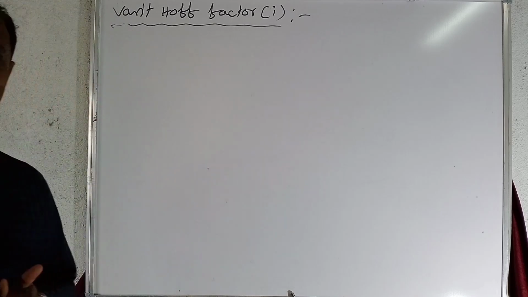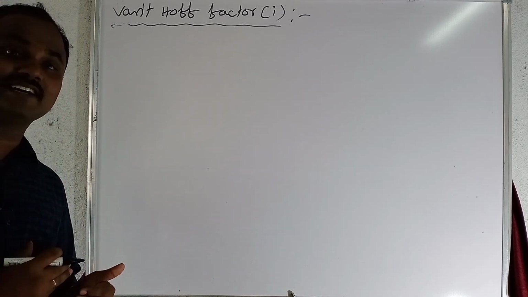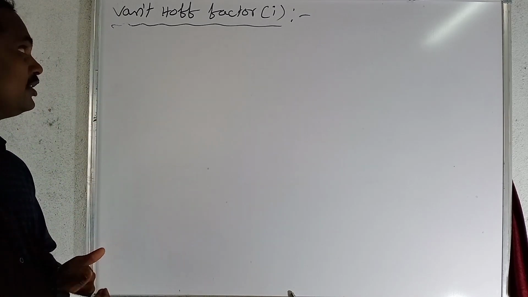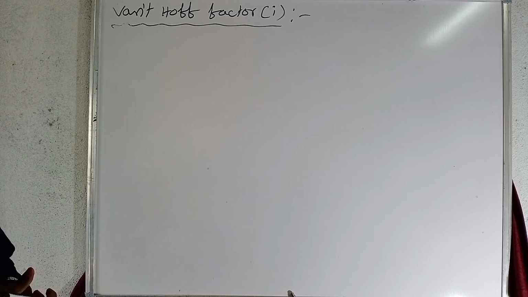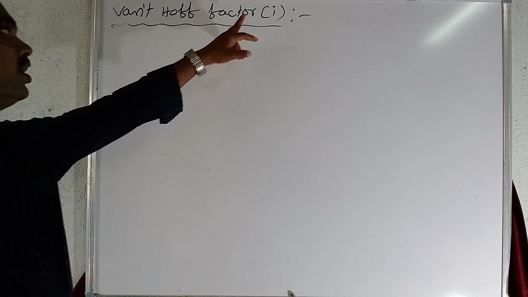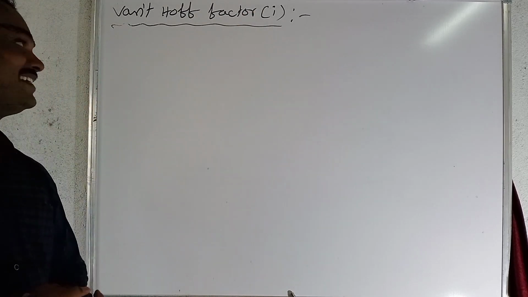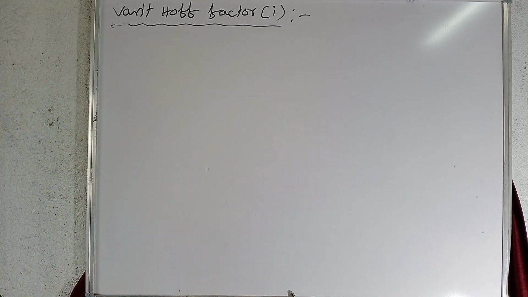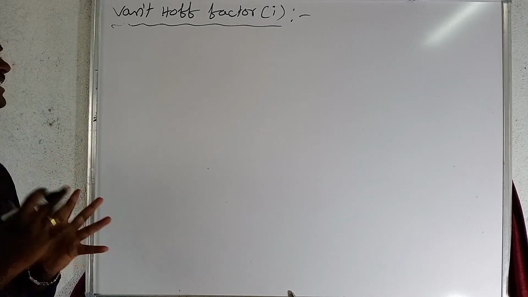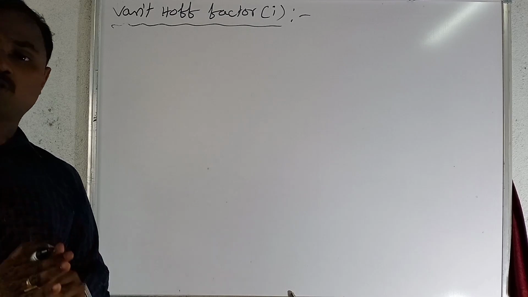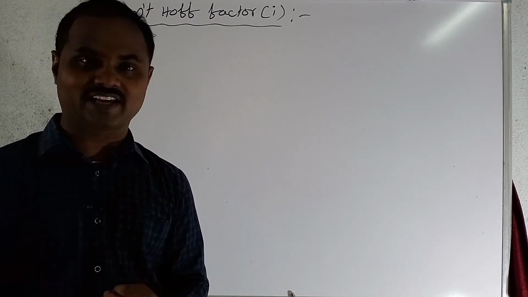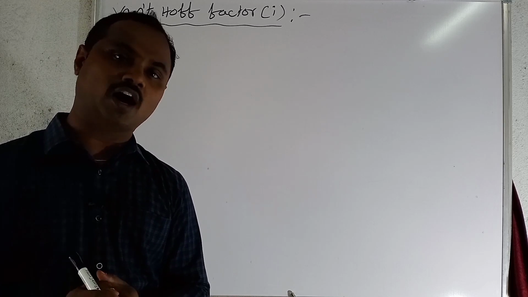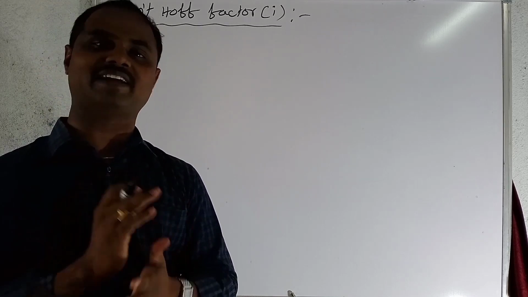To equalize the experimental colligative property value to the calculated value, we introduce one factor, that we call the i factor, the Van 't Hoff factor. What is the intention of the Van 't Hoff factor? To equalize the experimental value of the colligative property to the calculated value of the colligative property. This is the main intention.